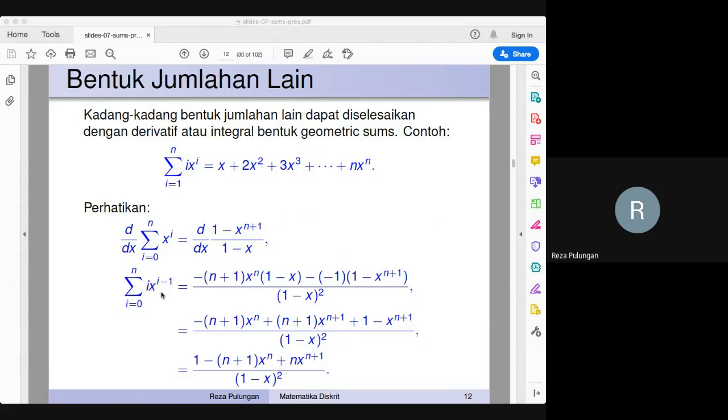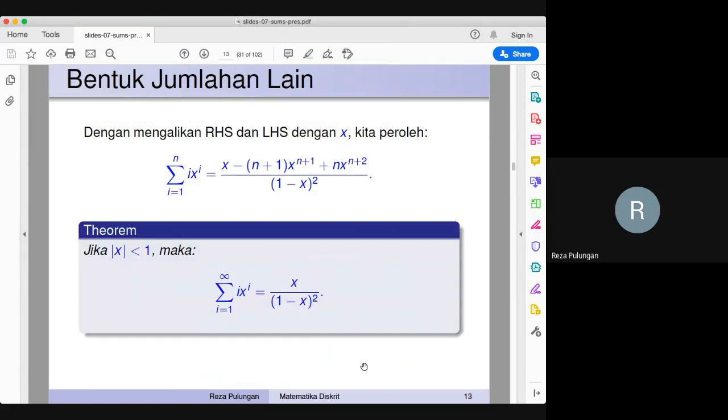So if you multiply the left-hand side by x, what do you have to do? All you have to do is multiply every term on the right-hand side also by x, and we are done. Multiply this by x, and multiply also on the right side by x.